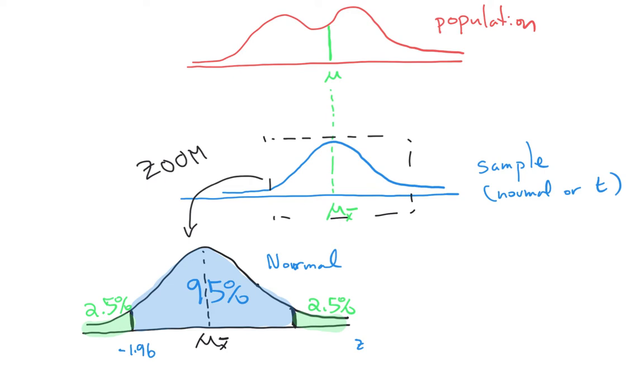And by symmetry, or you could look it up in your table and work it out from scratch, this value here that has 2.5% of the data above it is 1.96. So the middle 95% of the data is between negative 1.96 standard deviations from the mean, or standard errors from the mean, and positive 1.96 standard errors from the mean.